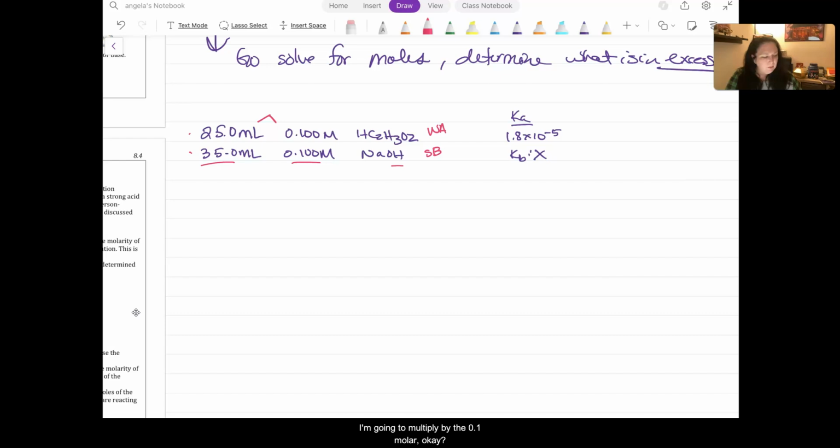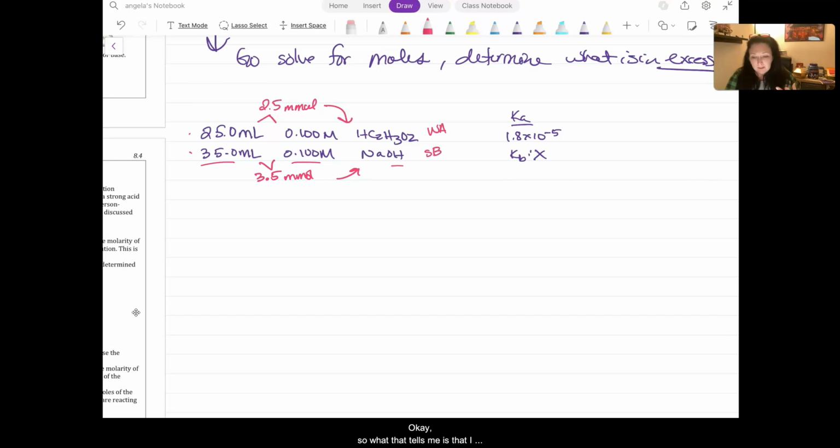I'm going to multiply by the 0.1 molar, okay? And I get 2.5. So I have 2.5 millimoles of the acid. I'm not going to write the acid name because I'm doing this super quick on the AP exam, right? And then here, if I have 35 milliliters times 0.1 molar, then hopefully you already know this is 3.5 millimoles of my NaOH.